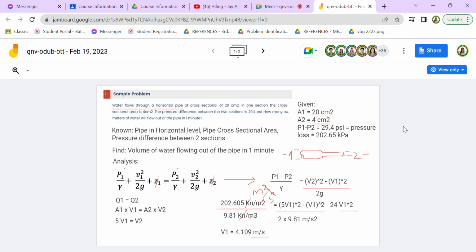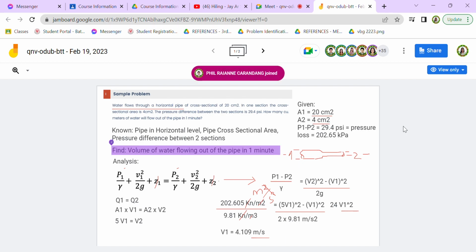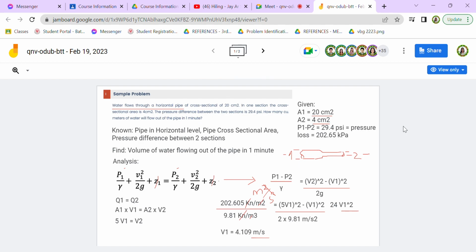The volume of water flowing out of the pipe in 1 minute is equivalent to 0.493 cubic meter.